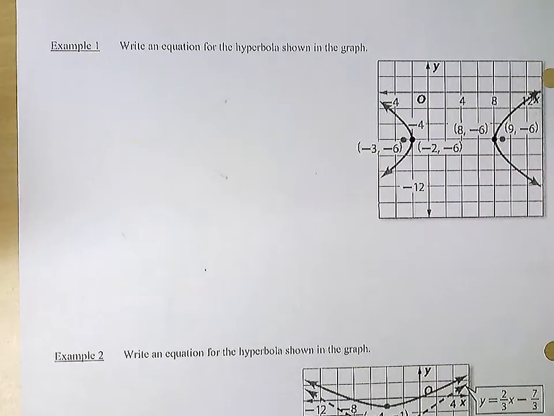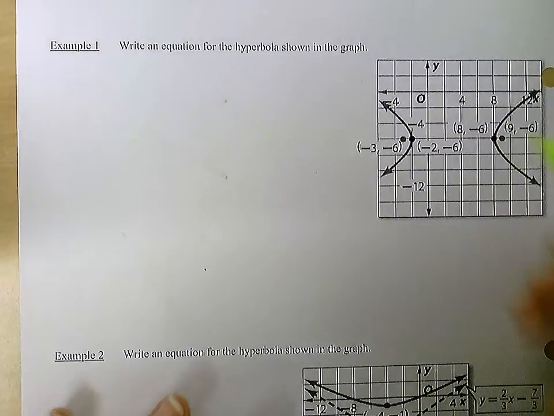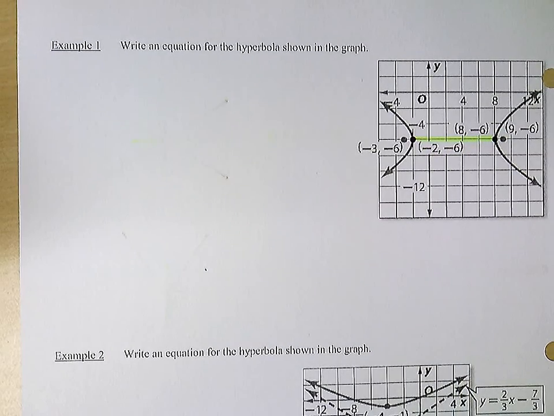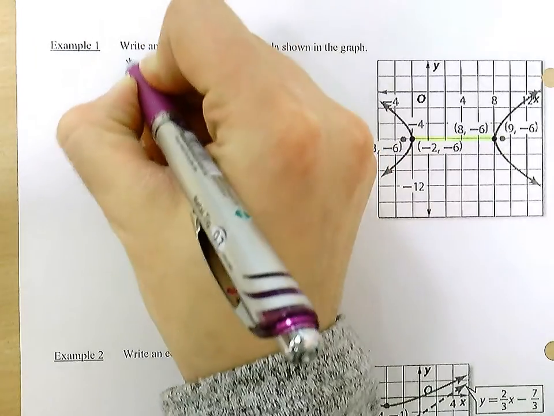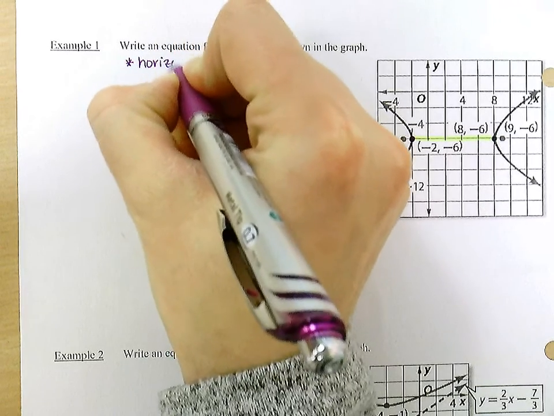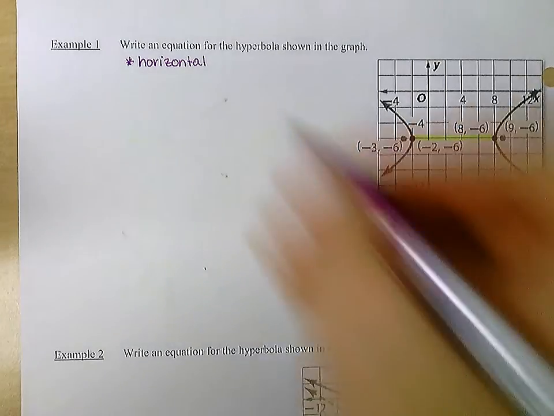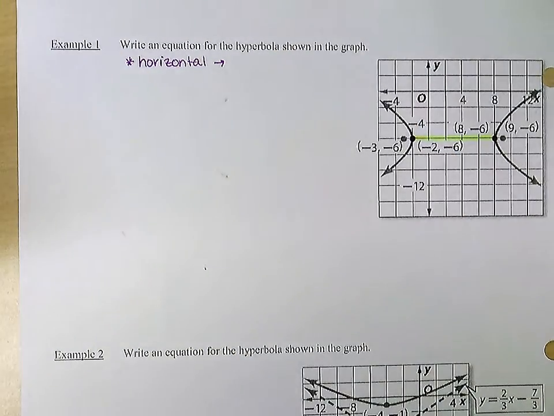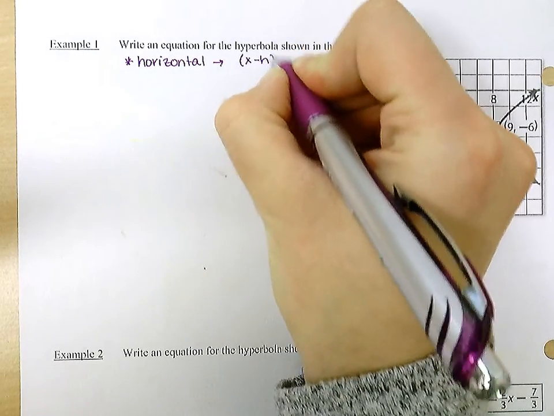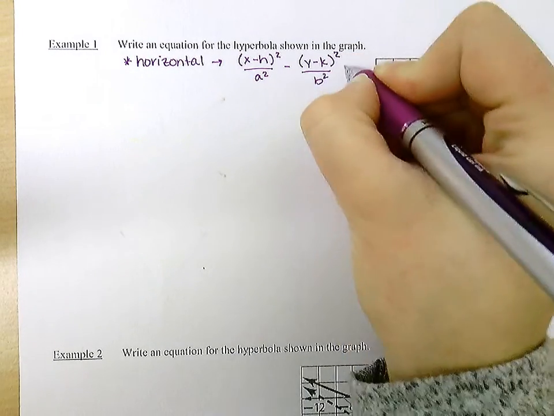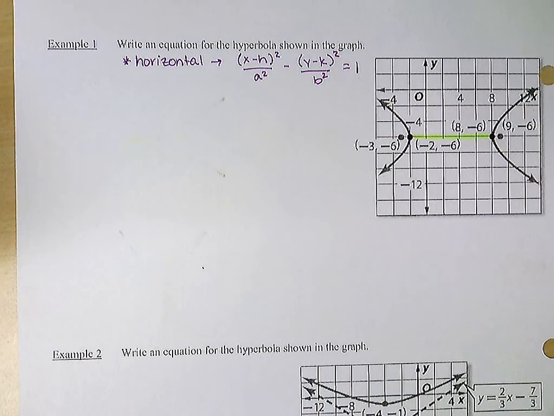The line between those vertices is your transverse axis. Since your transverse axis is horizontal, this hyperbola is horizontal, meaning our equation is in the form (x minus h) squared over a squared minus (y minus k) squared over b squared equals 1.